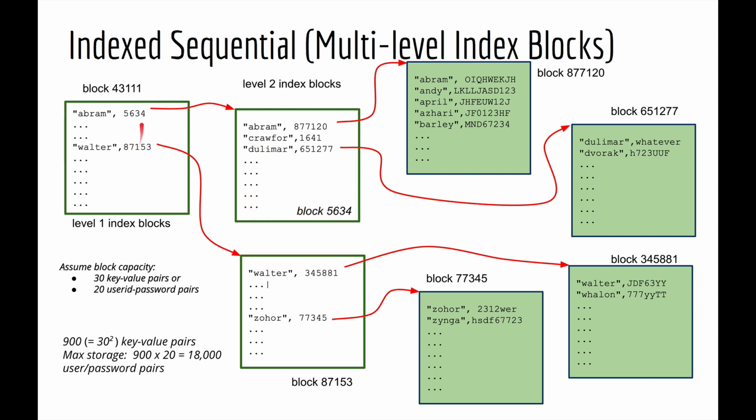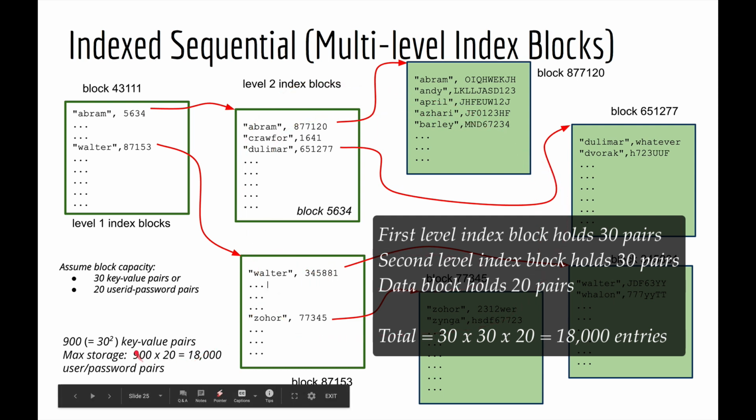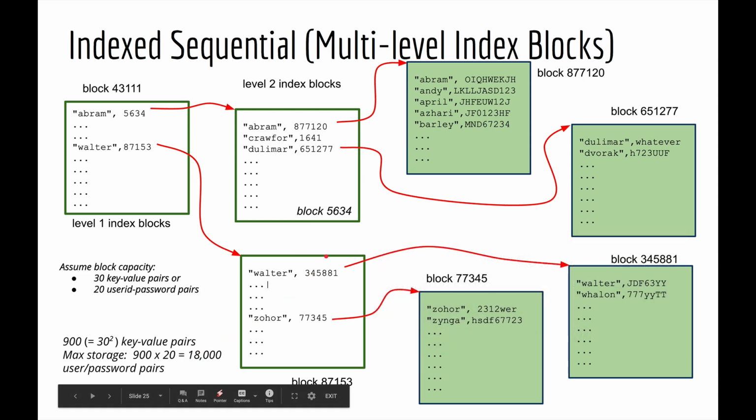So with this example, because each index block can hold 30 user ID and block number pairs, the two-level index block can hold up to 900 user ID and block number pairs. Given each data block can hold 20 user ID password pairs, then the total capacity of our file will be 900 times 20, which is 18,000 user ID password pairs.